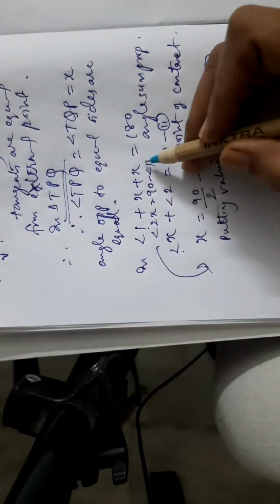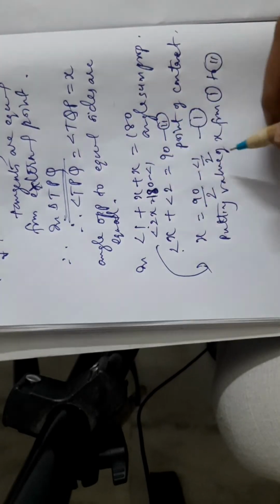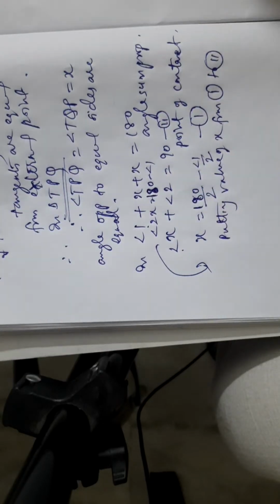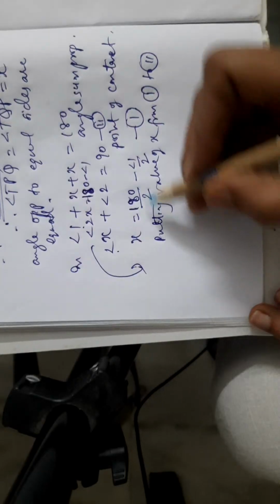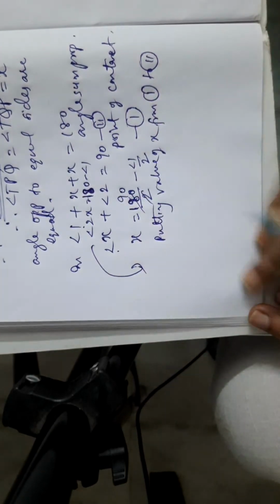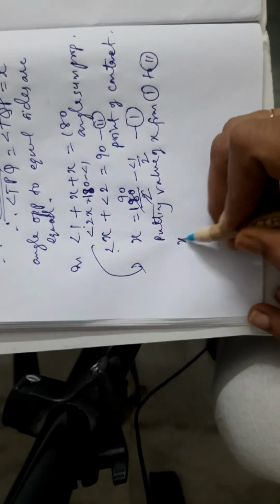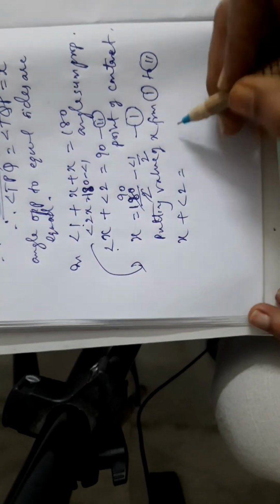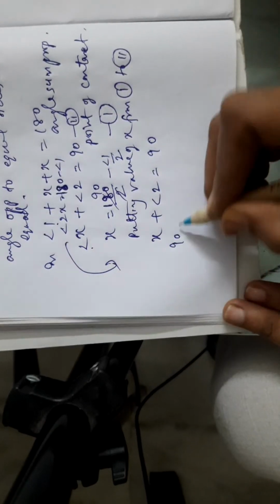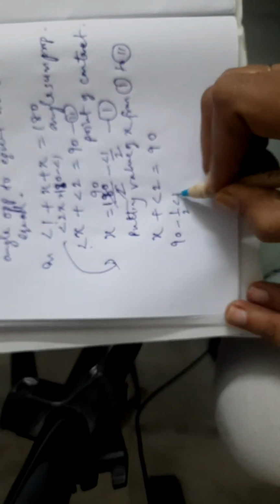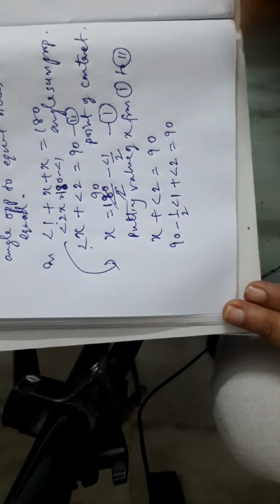Angle 1 plus 2x is 180, so x is 90 minus half of angle 1. Let's replace them. x plus angle 2 is 90. We can replace x by 90 minus half of angle 1, so 90 minus half of angle 1 plus angle 2 is equal to 90.